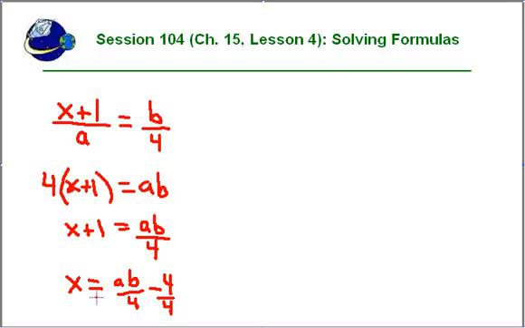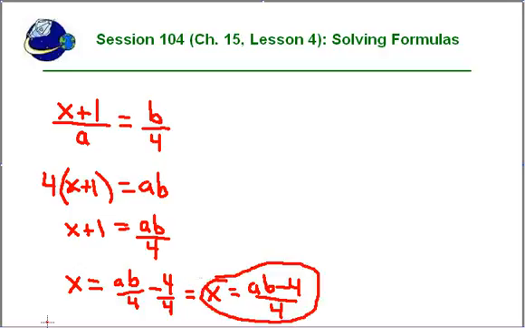So in essence, what we now have is ab minus 4 over 4. So rewritten in terms of x, x is equal to ab minus 4 over 4. So there's our formula, our equation rewritten in terms of x, and we did that by getting x all by itself on one side of the equation.